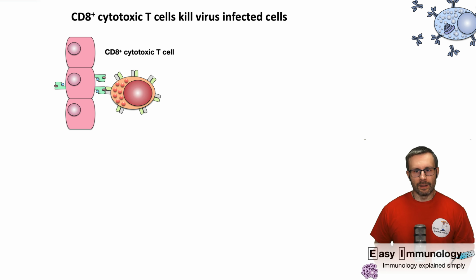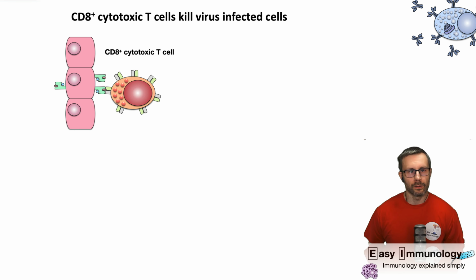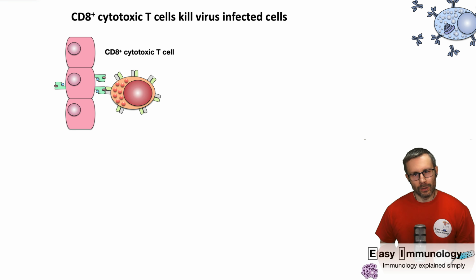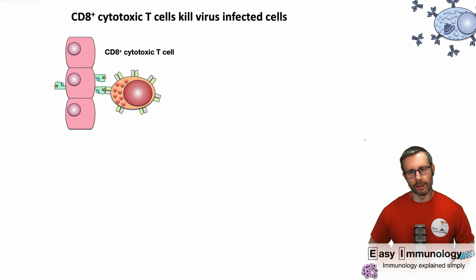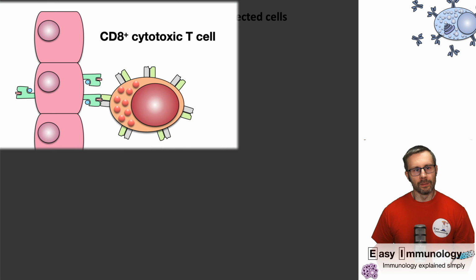Then we have the CD8 positive cytotoxic T cells. They are called the killer cells also. Strong words. Cytotoxic means cyto is again the cell, and toxic is like toxic or killing. So they can kill cells. And once they are formed in the thymus, they are released into your body, and they constantly scan MHC molecules.